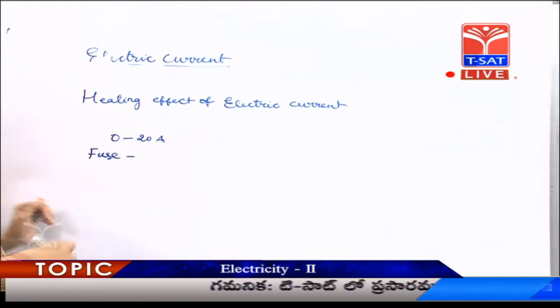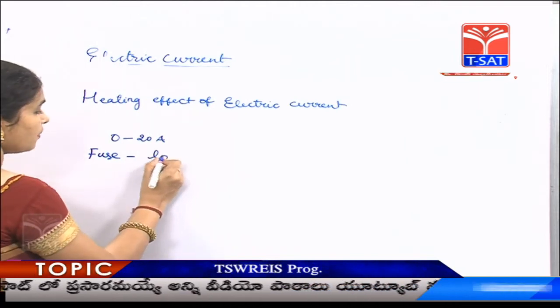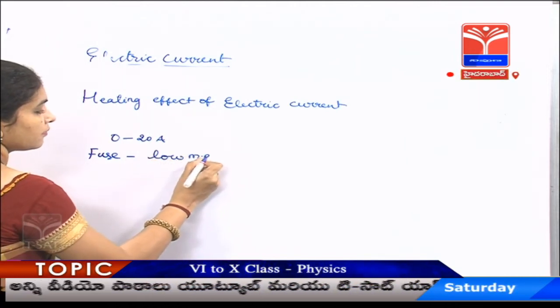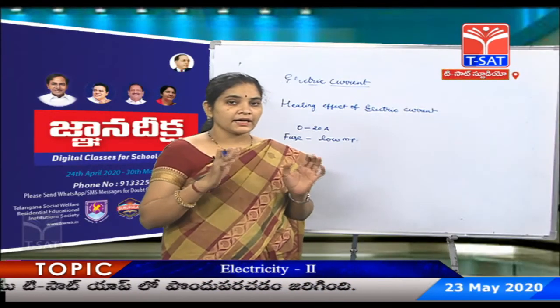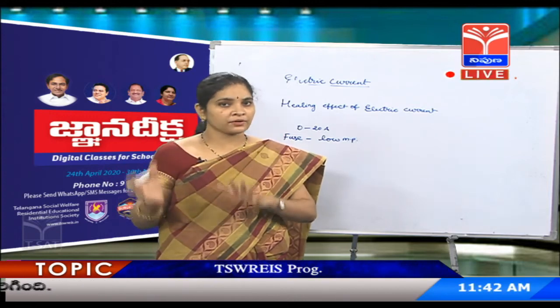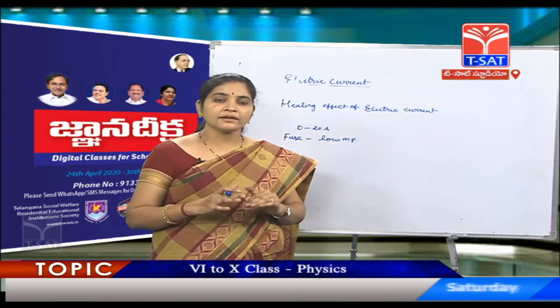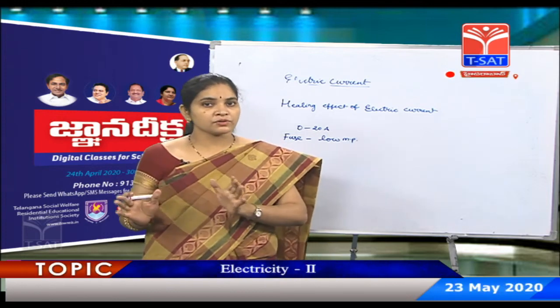Electric fuse has a metal wire which has a low melting point. When excess current passes through this wire, it melts and the circuit is broken. Current stops flowing through the household appliances.